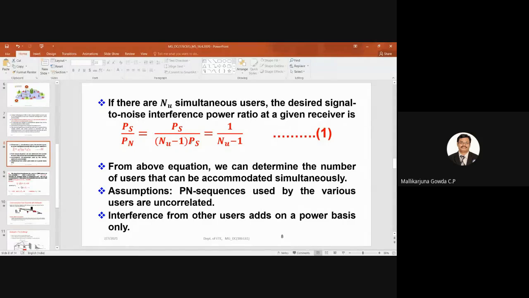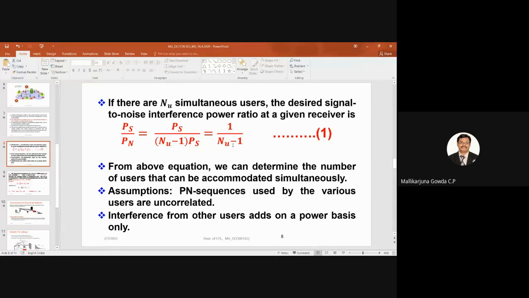From this equation, I will be able to determine the number of users that can be accommodated simultaneously. If they give the desired signal power and the noise power, then I will be able to find the number of simultaneous users that can be accommodated in that particular system.